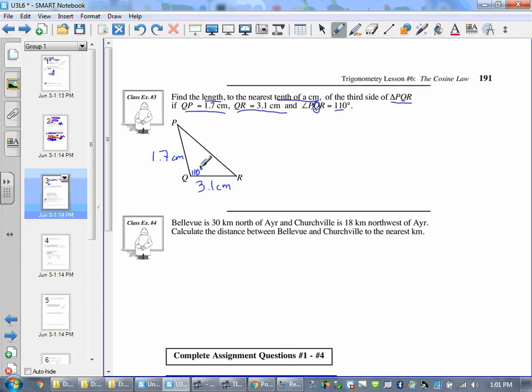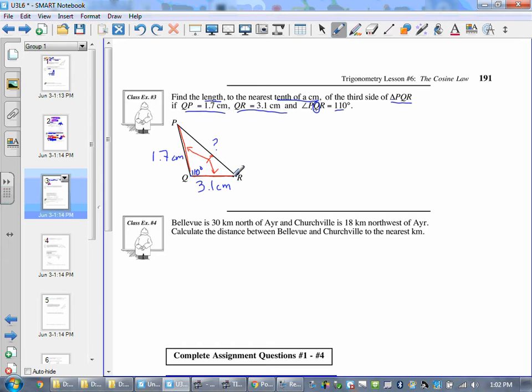Two ways of thinking about this. We're looking for the third side. You could either draw your, we're calling it a trident, or you could recognize that we have SAS, side, angle, side, something that this class has a lot of. SAS, get it?